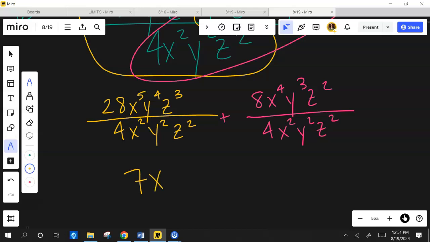What'd you do? Subtracted the 2, right? 4 minus 2 is what? 2. And then 3 minus 2 is a 1. So I put a line through the z so you can tell a difference.